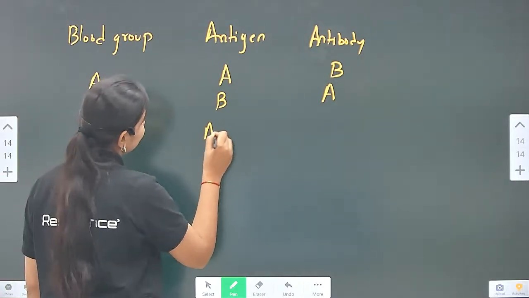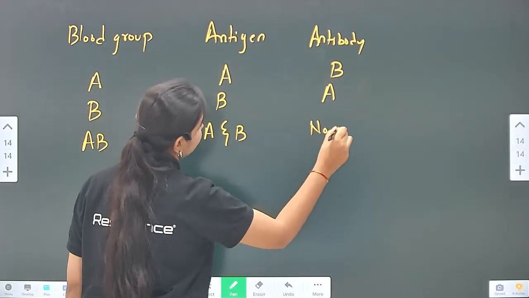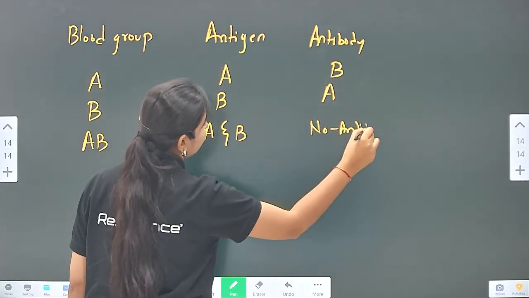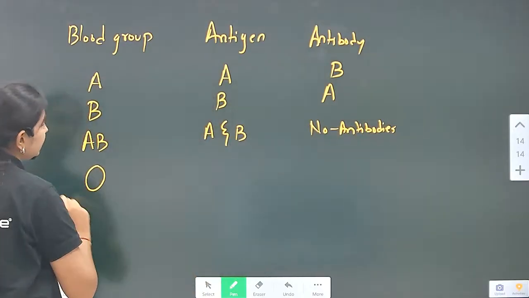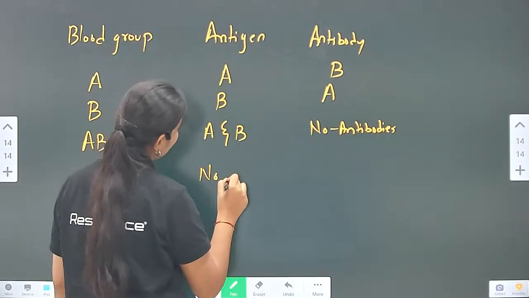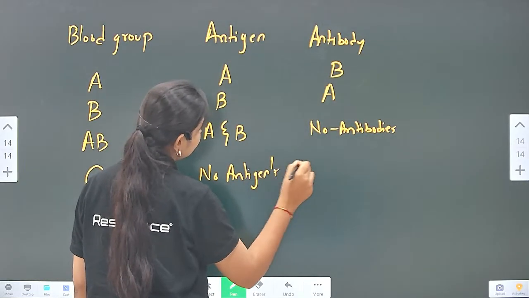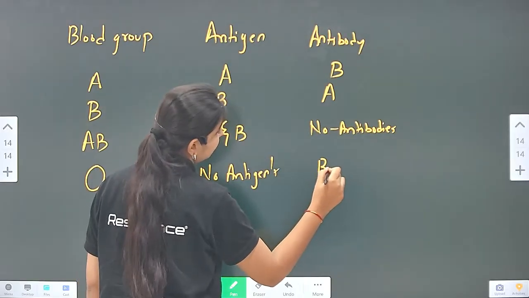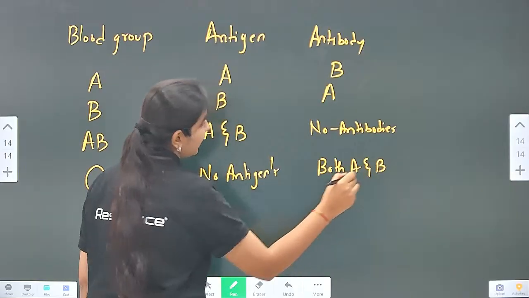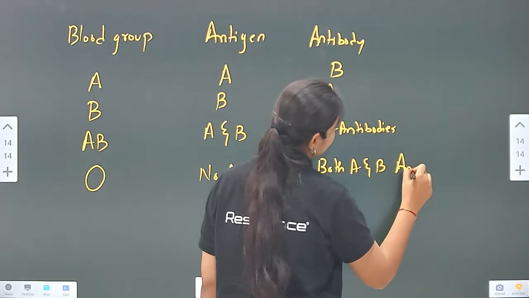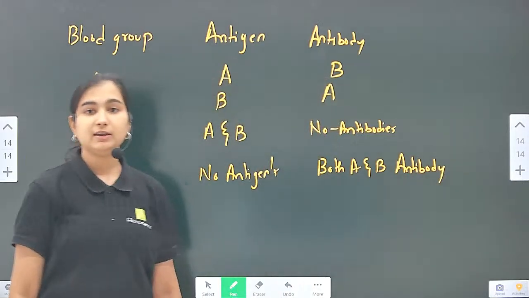Both antigen A and B. What antibodies are present? No antibodies. Next, what is the O? In the O we have no antigen, but we have both A and B antibodies. Getting my point? Fine. Now this is clear.